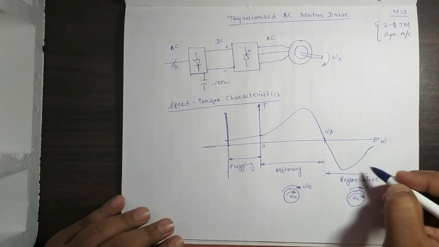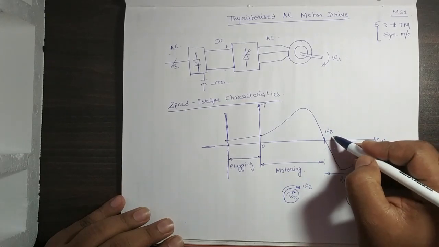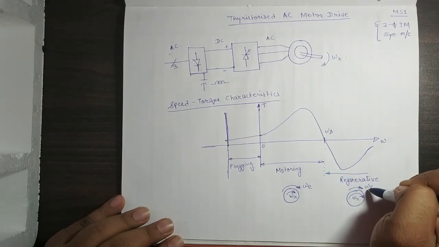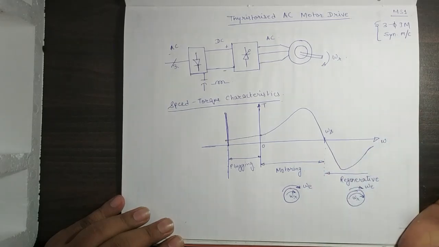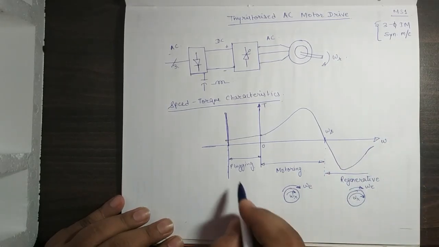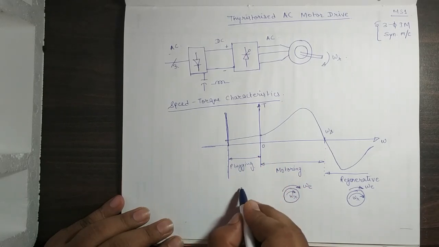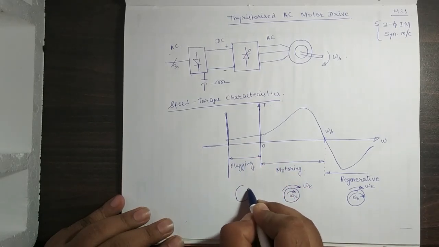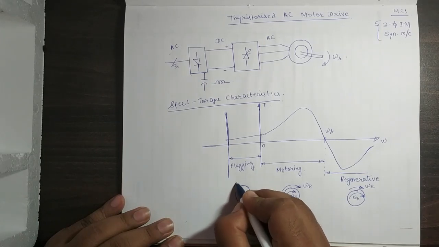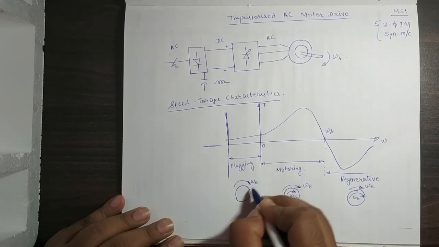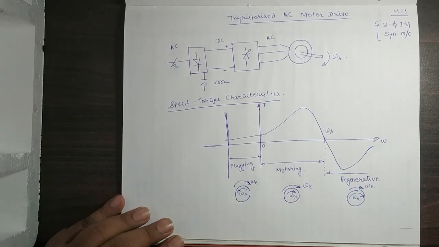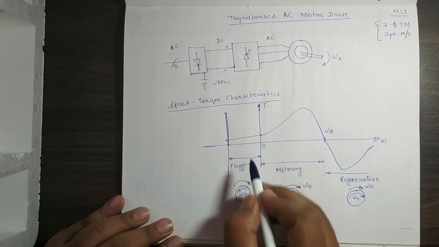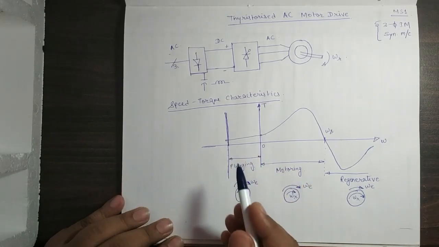As you could easily understand, in this zone the synchronous speed, that is the magnetic field speed, is quite lesser than the rotor speed, otherwise it will not go to the regenerative mode. In this plugging mode, the magnetic field direction and the speed are both opposite. That is, from here on the motor is moving in the opposite direction.